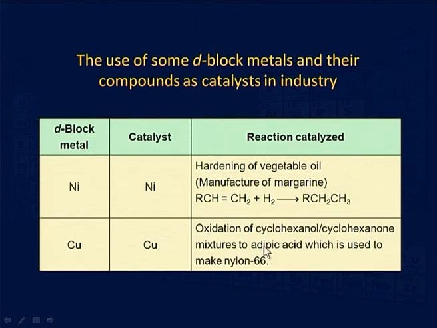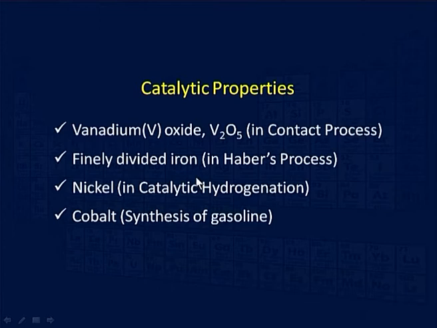Copper is also one of the important catalysts, which is used for the oxidation of cyclohexanol or cyclohexanone into a mixture of adipic acid, which is used for the production of nylon 6,6. So, therefore, vanadium, iron, nickel, cobalt, titanium, etc.